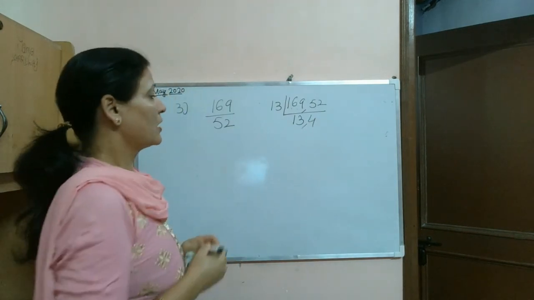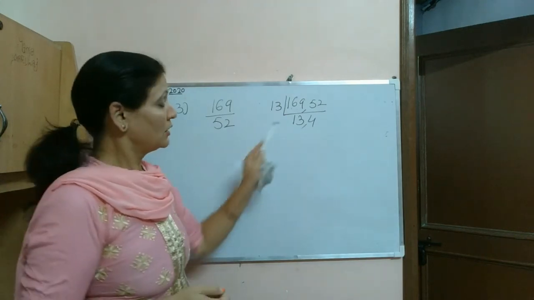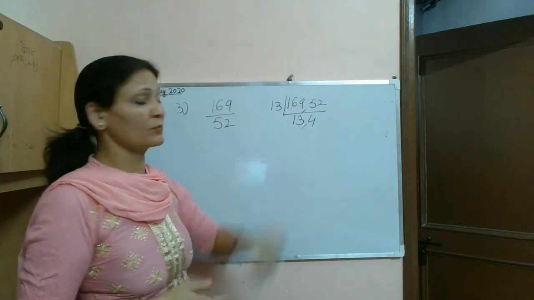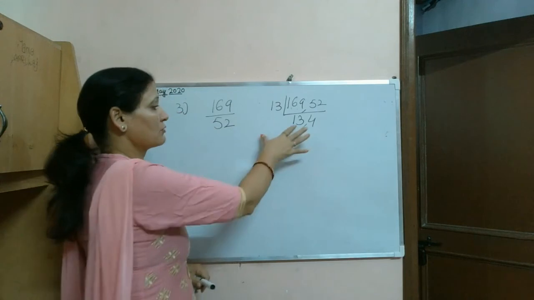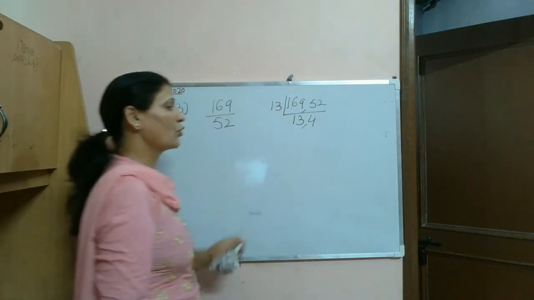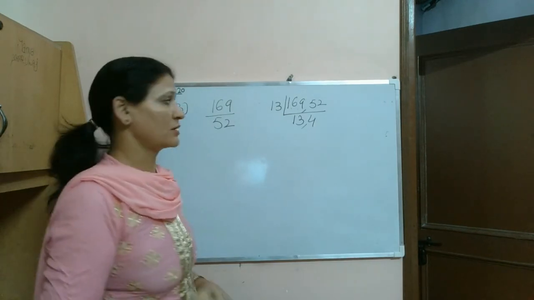13 is a prime number and 4 is a composite number. So we are not cancelling both numbers by any number, because 13 will be cancelled by itself and 52 will be cancelled by 2. But both numbers should be cancelled by only one digit number.